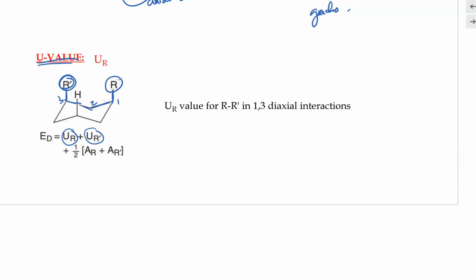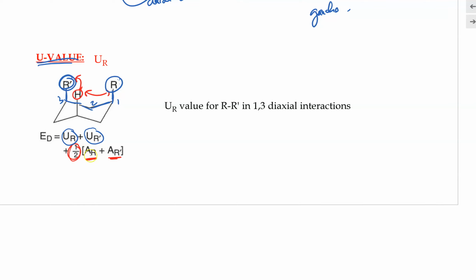We also need to consider the following. Each of this R and this R prime are also interacting with this hydrogen. Therefore, we also need to include the AR and AR prime as well. In this case, we have plus 1/2 of this, and the reason is as follows.